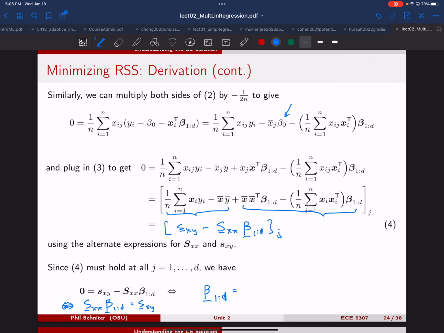All I did here is I moved this to the left side. So if we're given this and I want to solve for beta 1 through d, what do I do? Yeah. Multiply on the left by SXX inverse, assuming it exists. That isolates the beta, and on the right we get SXX inverse, little s x sub y.